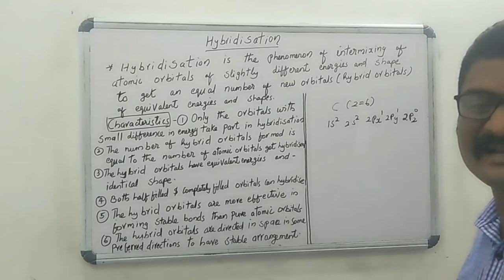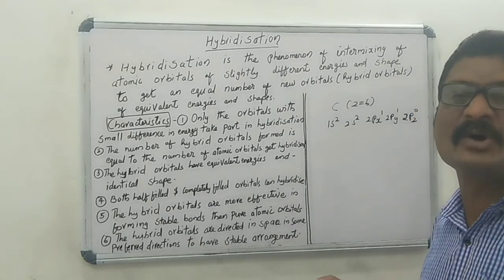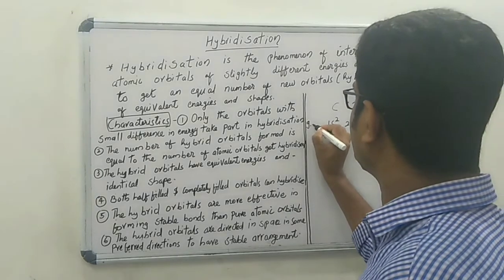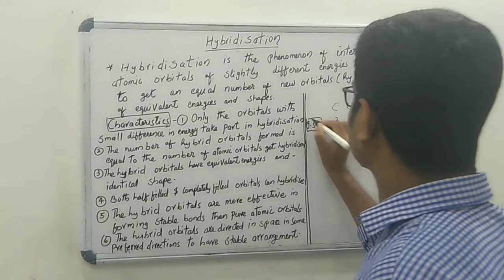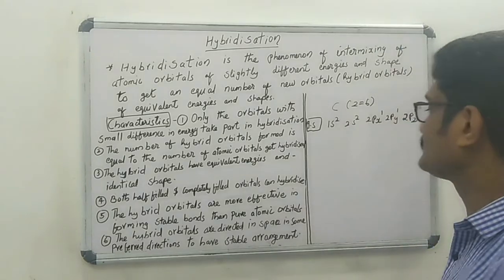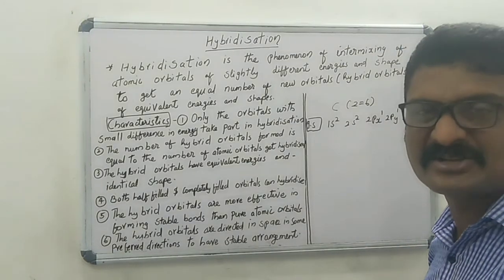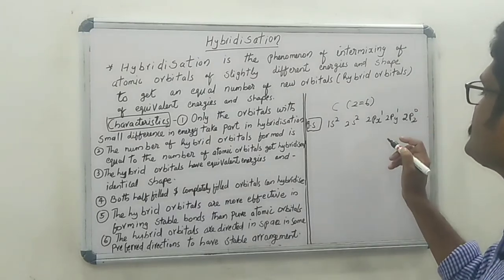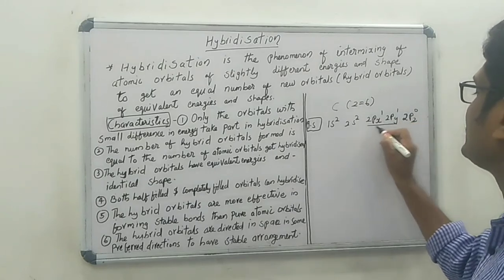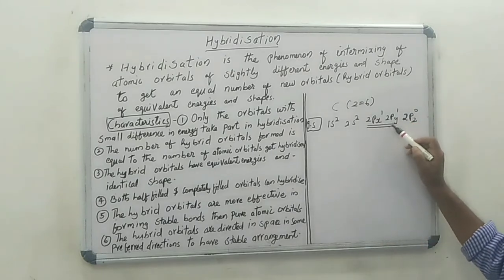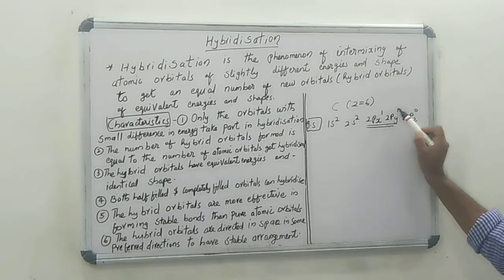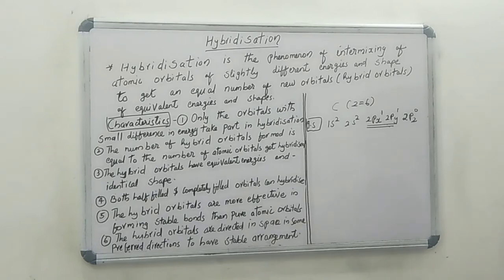This is the ground state electronic configuration of carbon. It indicates that the number of half-filled atomic orbitals present in carbon is 2, 2px1, 2py1, hence the covalency of carbon must be 2.